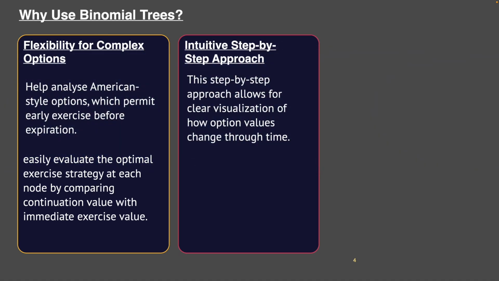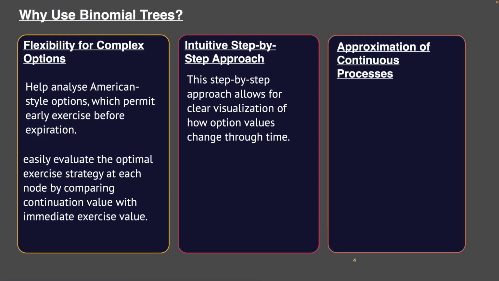It is a step by step approach, and it will give you a very clear graphical representation of how the option prices change over a period of time. And finally, the binomial tree is basically an approximation of the continuous process which is used in the Black-Scholes model.